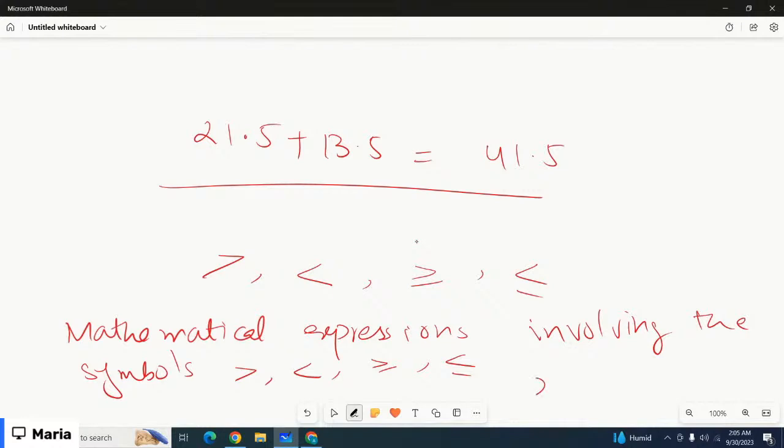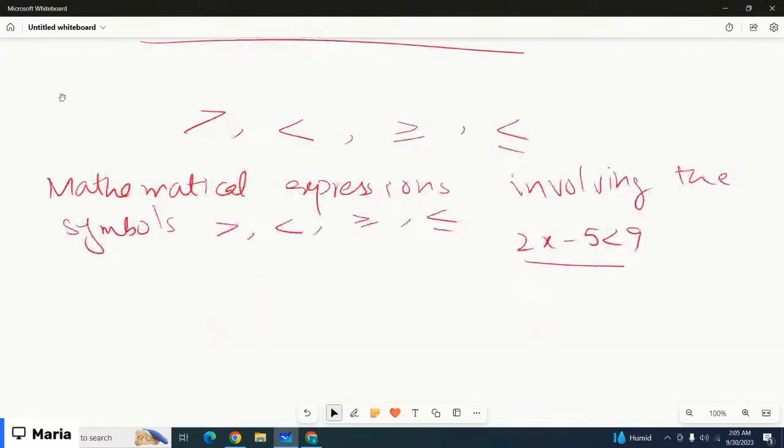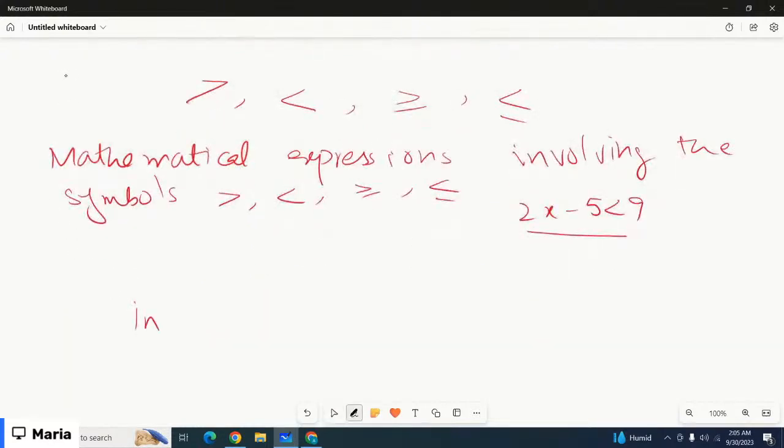For example, you have 2x minus 5 is less than 9. That is an example of an inequality, right? That is the definition of the inequality. You can please note down the definitions, right? So we are going to learn how we solve the inequalities. Let's just start with the first example.